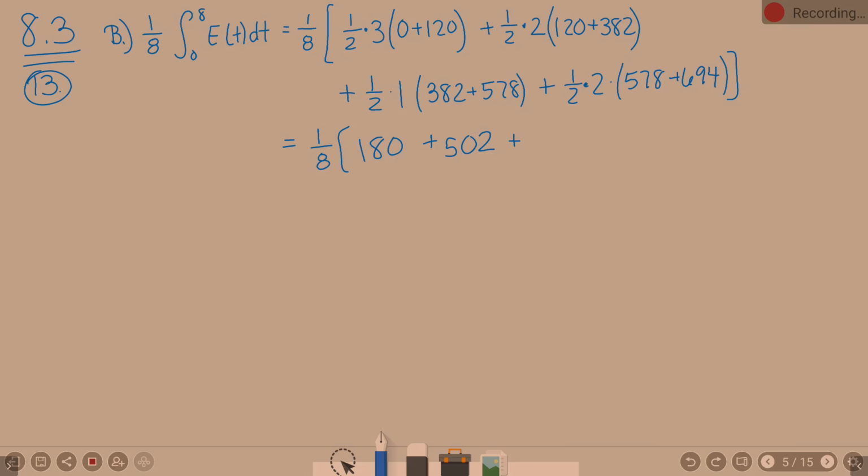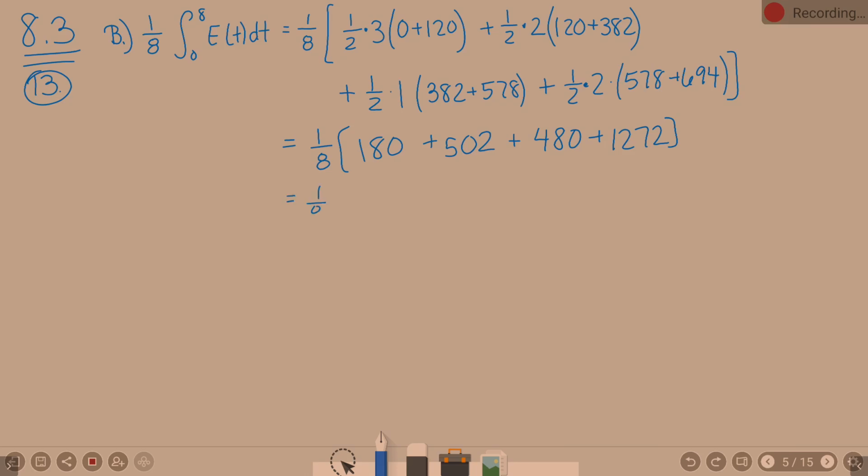382 and 578 is something, and then half of it I have down as 480. Half of 2 is 1, so then you're just adding 578 and 694 and getting 1272. Add those up, and you're doing 1/8 of it.